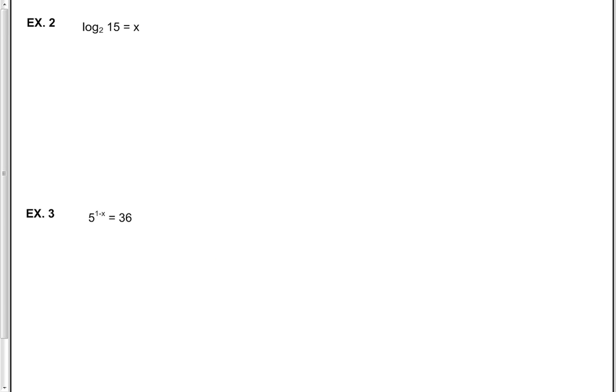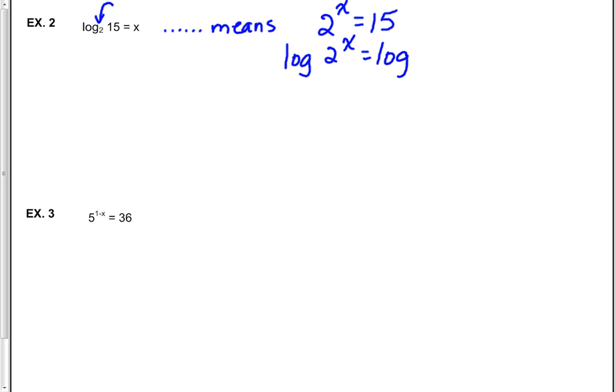Let's do a couple more. Log base 2 of 15 equals x. My problem is I haven't got log base 2 on my calculator. So I'm going to rewrite that as, if I write it exponentially, 2 to the x equals 15. What is my value of x? So I'm going to take the log of both sides. Log with no base is assumed to be 10.